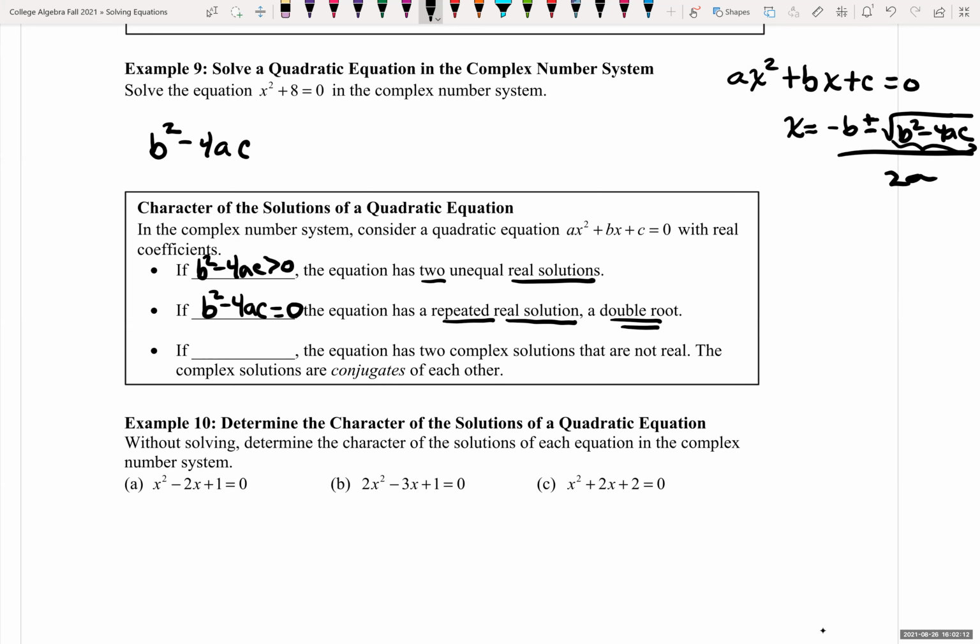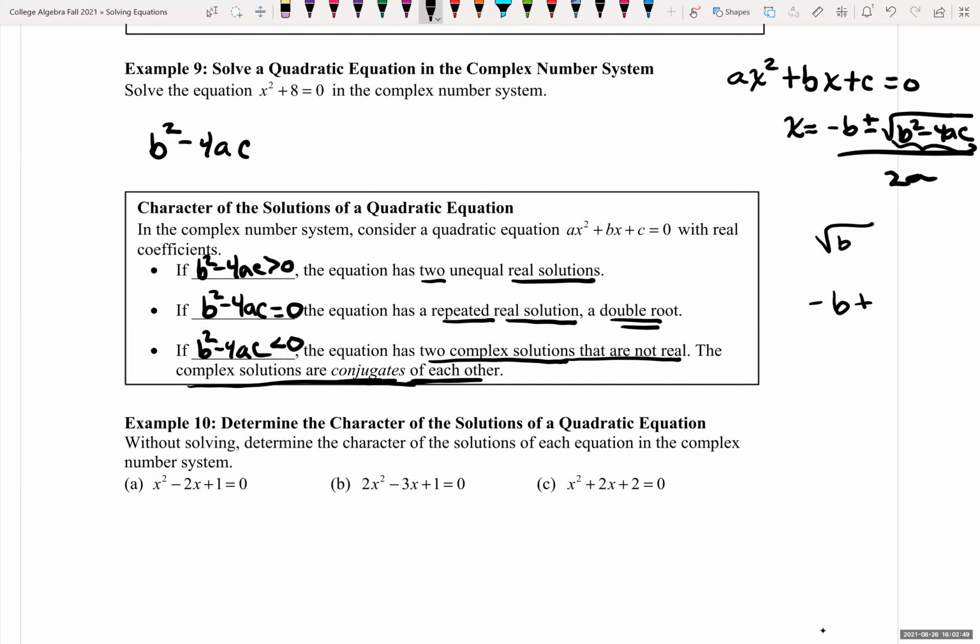And then if what we had underneath the radical was negative, well, we saw that the square root of negative 1 was just an imaginary number i. So if this is less than 0, we have negative b plus an imaginary number and negative b minus an imaginary number on top. That gives me 2 complex solutions that are not real. And the complex solutions are actually conjugates of one another.